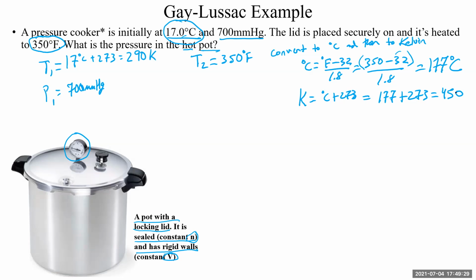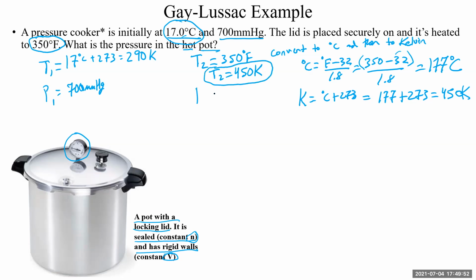Yeah, 450. Looks kind of similar to the Fahrenheit temperature. 450 Kelvin, that is our temperature. T2 equals 450 Kelvin. This is the temperature we get to use, not the 350, the 450 Kelvin.